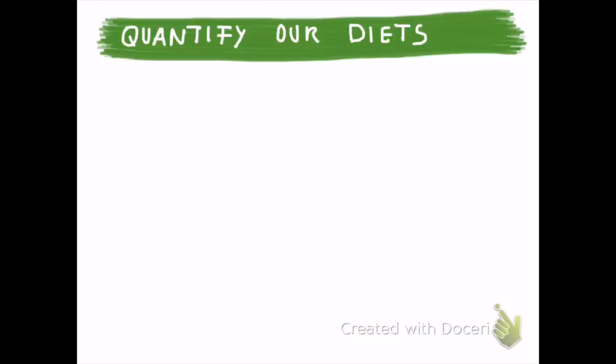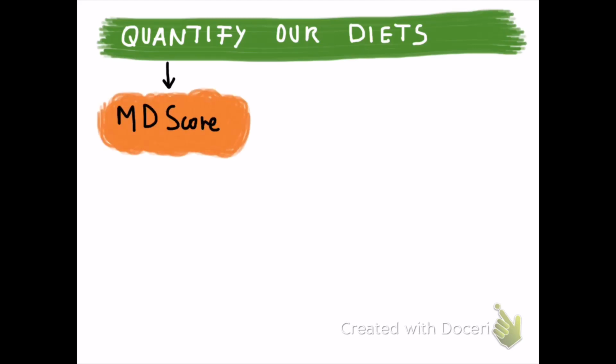The Mediterranean diet has been systematically studied over the last 30 years. Several epidemiological studies have been carried out to demonstrate the health benefits of the Mediterranean diet. These studies require a procedure to quantify adherence to the diet we usually follow compared with the ideal MD. For this purpose, the MD score has been created.